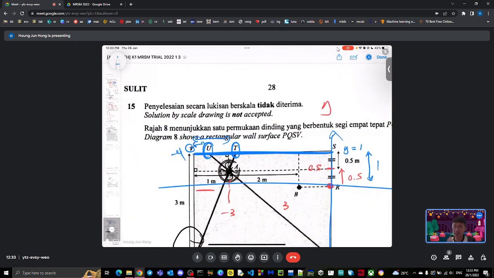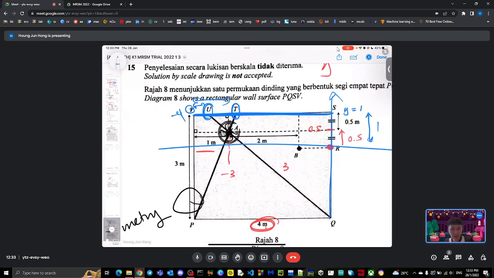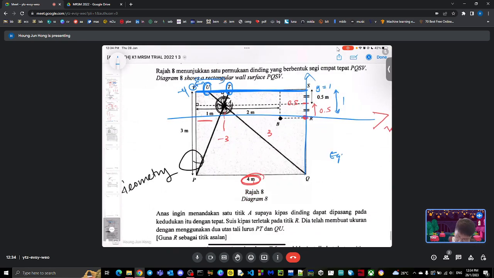We have to first have the equation. You have to find the equations of UQ and PT. That is the hard part actually, in my opinion. So again, how do you form an equation? To form an equation, you need y equals mx plus c, which is gradient and y-intercept.